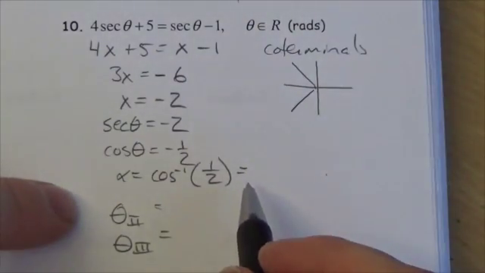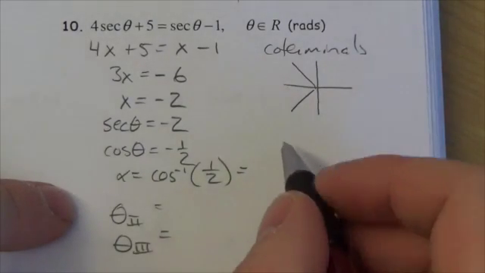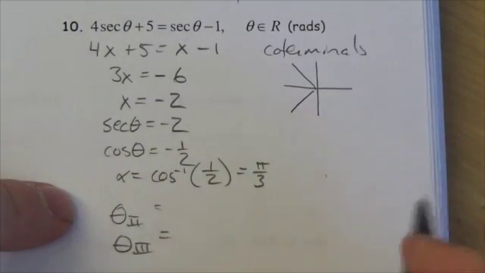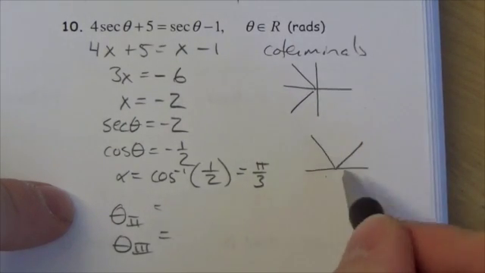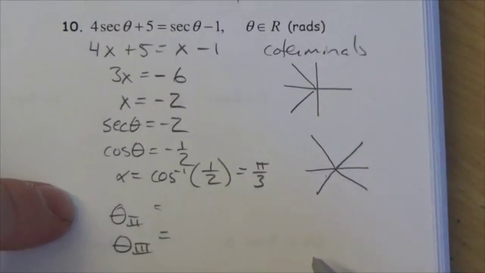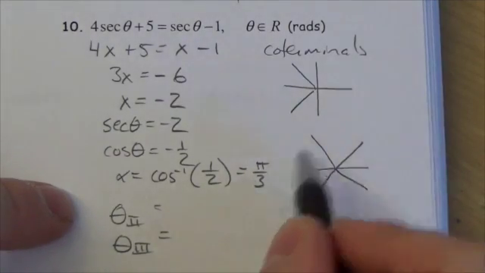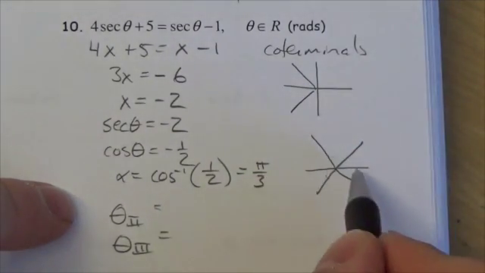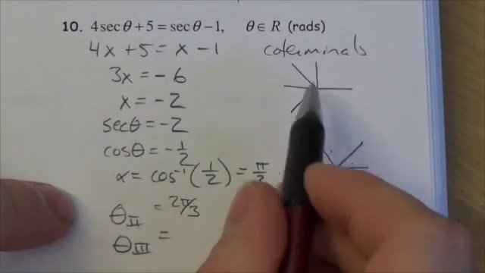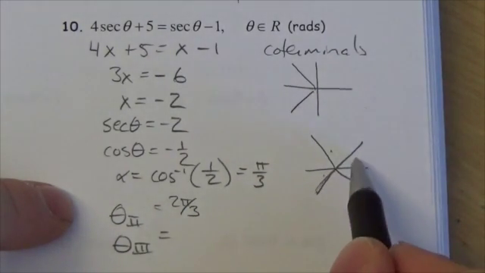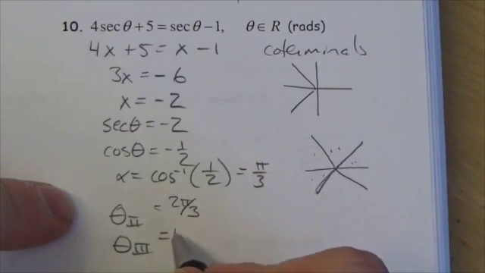So I got to think, what reference angle connects cosine and 1/2? Well, the answer is pi/3. What pi/3 does as a reference angle, it tells me that I'm dividing the top half and the bottom half of the circle into thirds. To get into the second quadrant, that's this arm, is going to be 2 pi/3s. To get into the third quadrant, that's this arm right here, is going to require 1, 2, 3, 4 pi/3s.